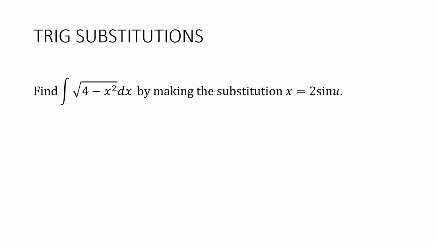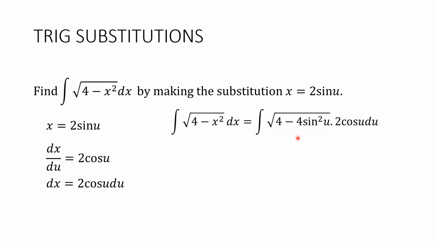But we're going to do the same method. We're going to let x equal 2 sine u, find dx du, and then split that derivative. So instead of dx, we're going to write 2 cos u du, and instead of the square root of 4 minus x squared, we're going to substitute x is equal to 2 sine u. So let's substitute in.